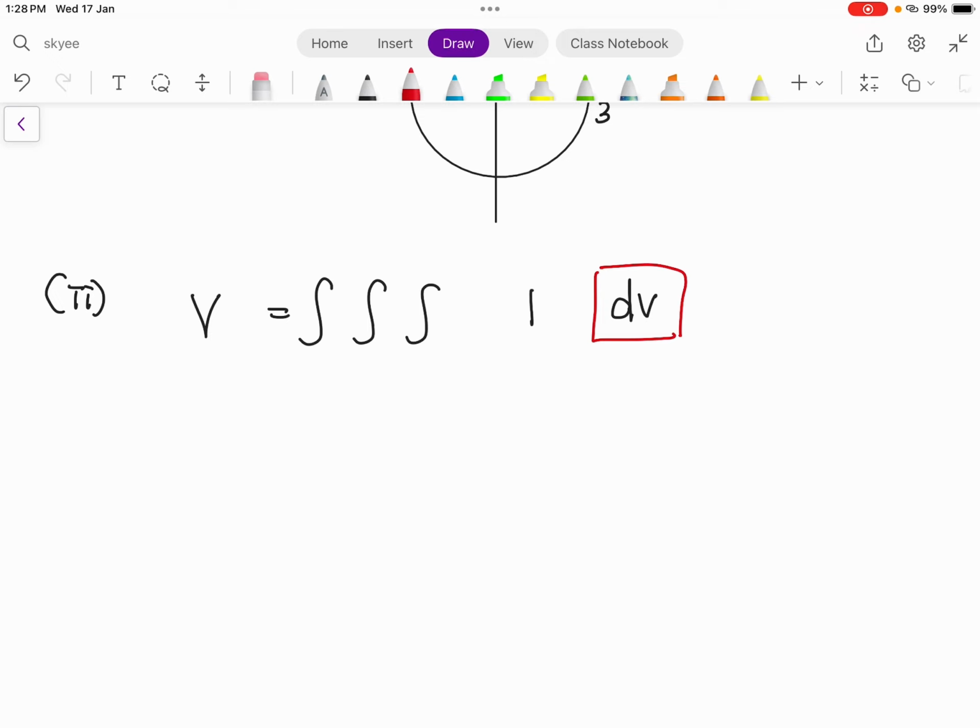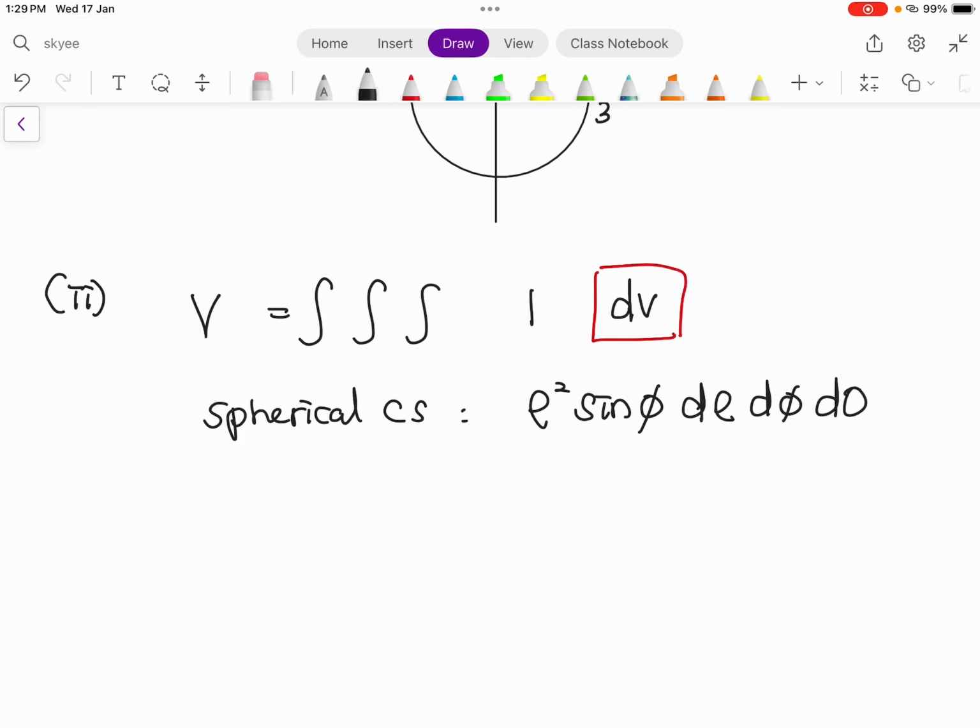For this kind of structure, we are going to use the spherical coordinate system. For spherical coordinates, it will be rho squared sine phi d rho d phi d theta.